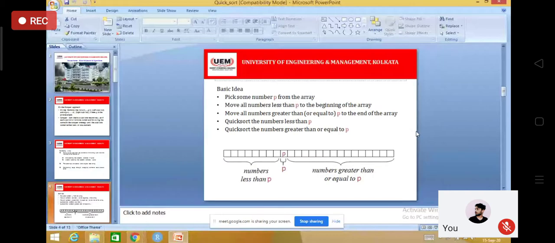After selecting one element, you have to run certain steps by which you can arrange the left sides to be smaller and the right sides greater or equal.